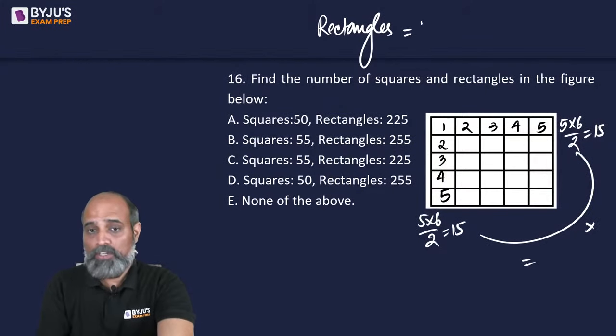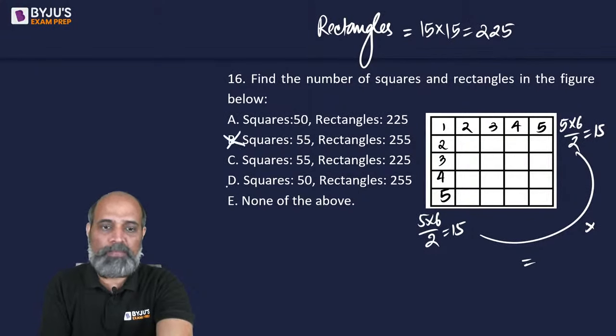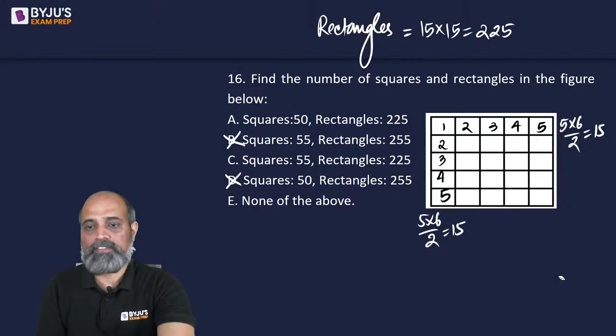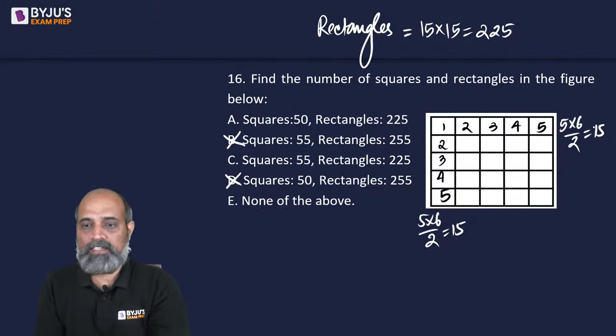So 15 into 15, you will have a total of 225 rectangles. 225 rectangles मतलब B or D तो नहीं है. Now how do we calculate the number of squares here? ये कैसे करते हैं?